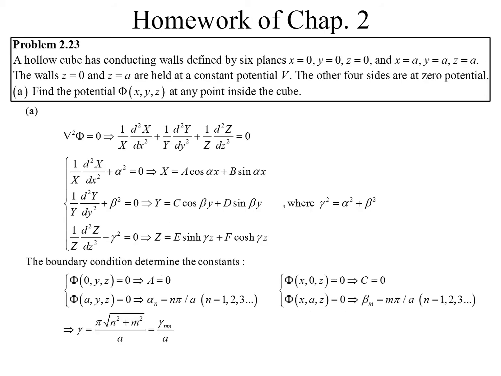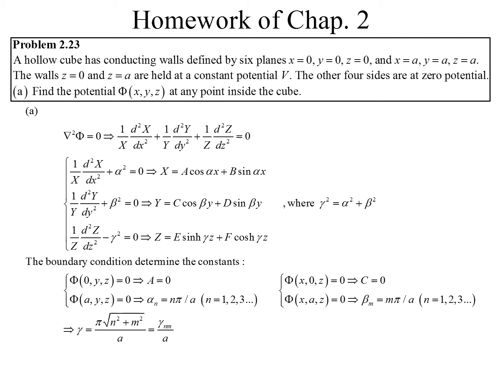For problem 23, a hollow cube has conducting walls defined by 6 planes. The four sides are at zero potential, and the two ends in the z direction are held at a constant potential V. In part A, find the potential at any point inside the cube.